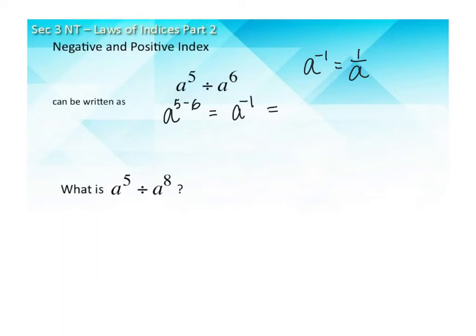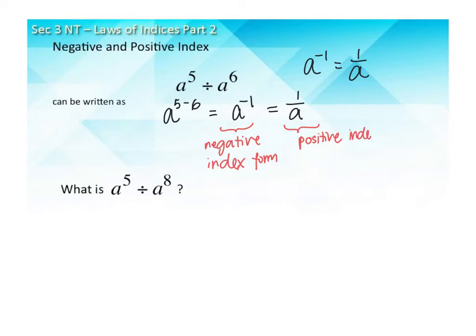I can rewrite it as 1 over a, where this is the negative index form. And this one over here, you notice the power for a is positive. This is the positive index form.